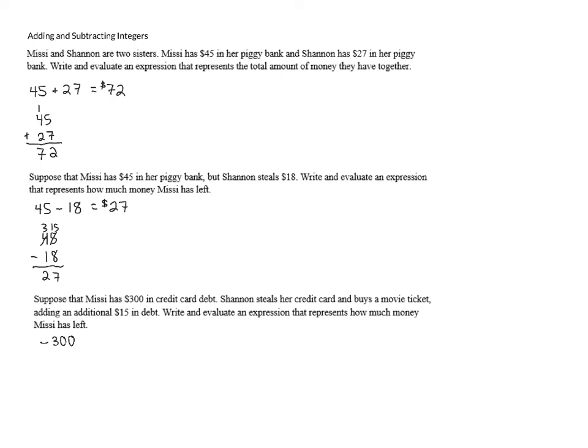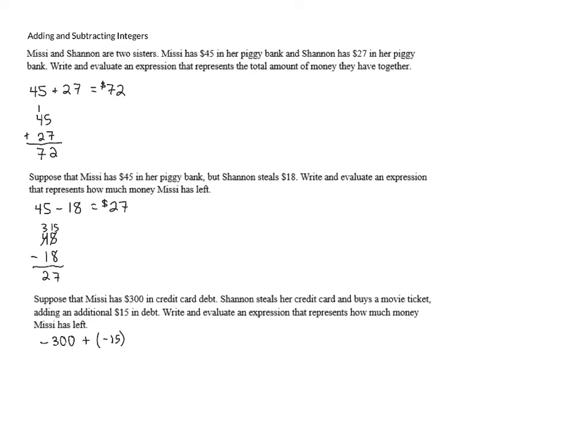Now, what's happened here is that Shannon stole her card and buys a movie ticket, adding an additional $15 in debt. So we started with debt and we're adding more, but remember, debt is negative, so we're going to add negative $15. That's like putting an extra $15 of debt on that credit card.